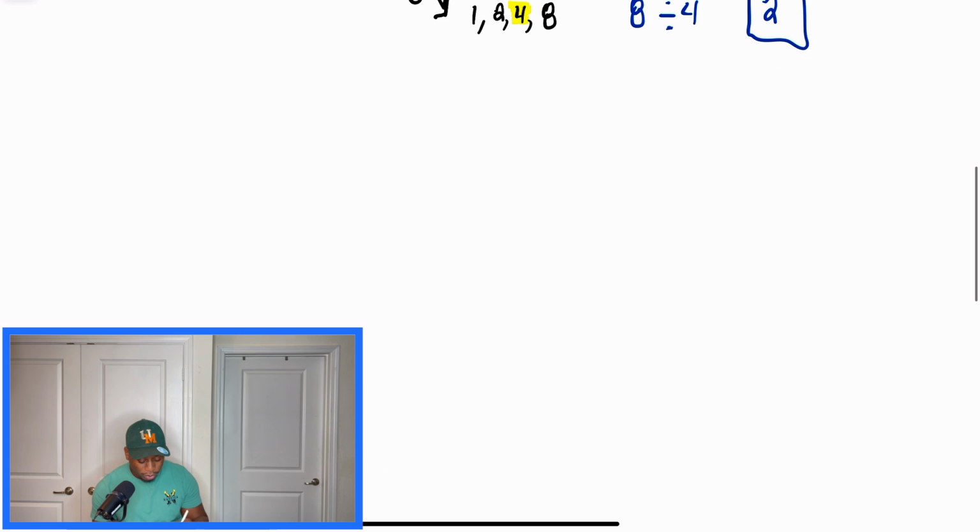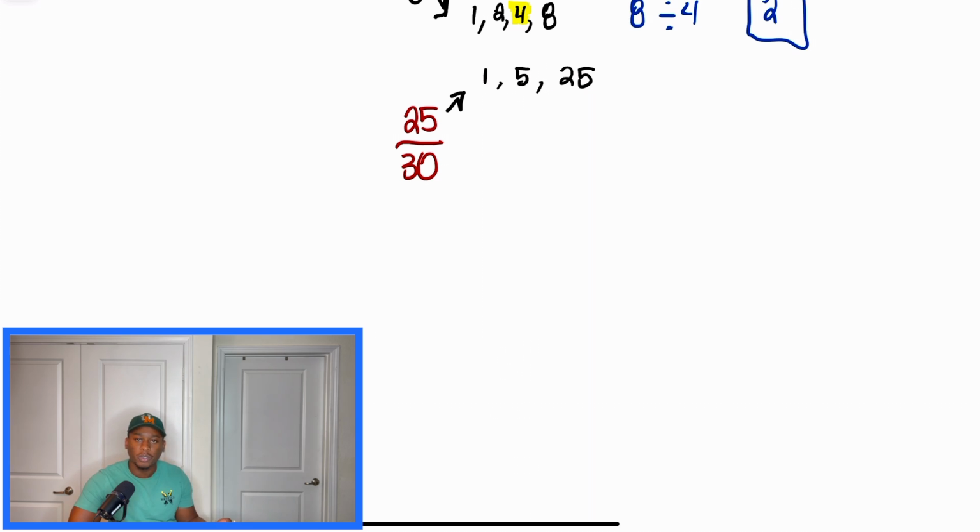So problem number 2. In our second problem, they give us the fraction 25/30. Like I said, we follow 2 steps: write out the factors, find your GCF, and divide. I have 1 times 25, and 5 times 5. That's all for 25. Then when we go to 30, 30 is a little bit long.